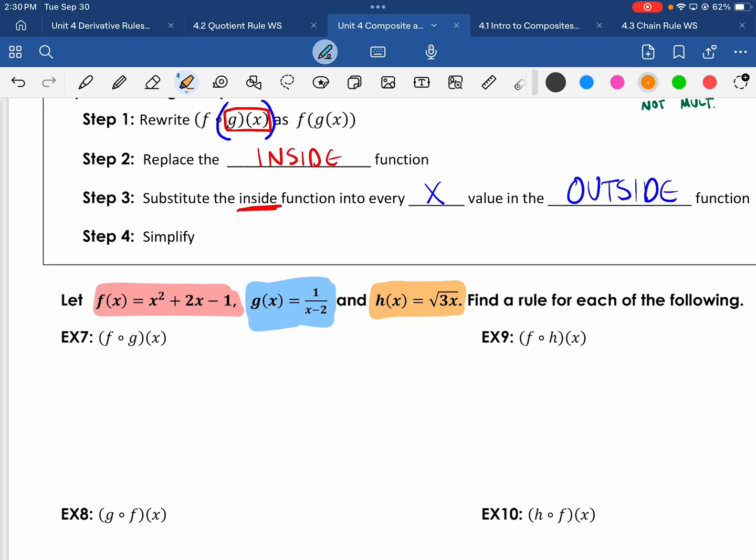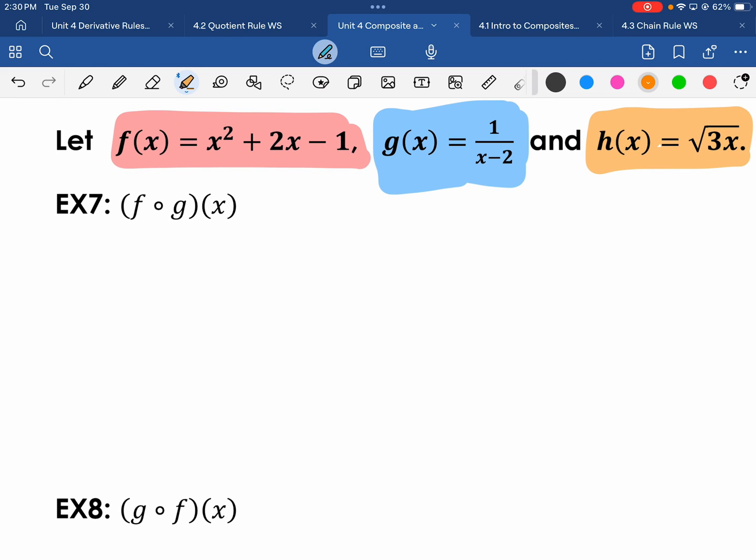So down here, I've got a new f, g, and h. On example 7, the first thing I'm going to do is rewrite that open circle as a parentheses. Then I can tell that my inside function is which one?